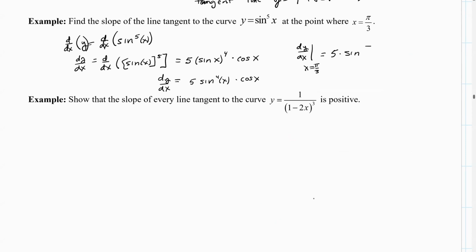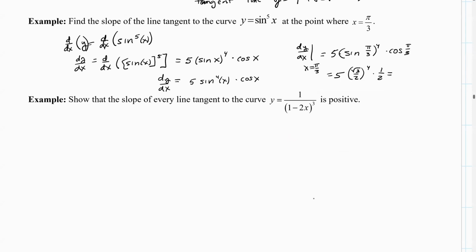And again, I think it's easier to see what we're doing if we keep that 4 to the outside, and cosine pi over 3. We should have memorized the sine of pi over 3. I believe the sine of pi over 3 is root 3 over 2, which I'm going to take to the fourth power, and the cosine of pi over 3, which I think is 1/2.